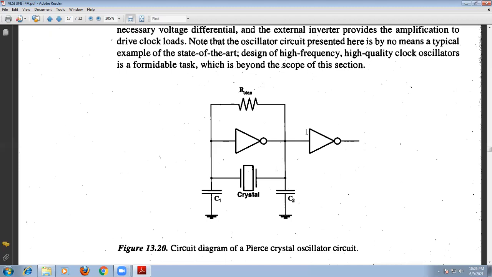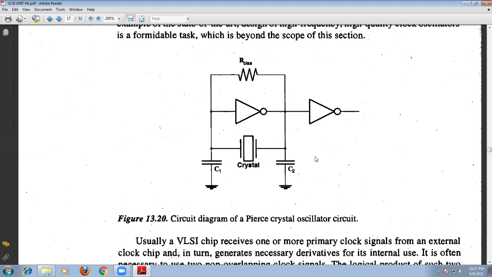Similarly, the external inverter we have here provides amplification to drive the clock loads. So remember that one. This is about the circuit.